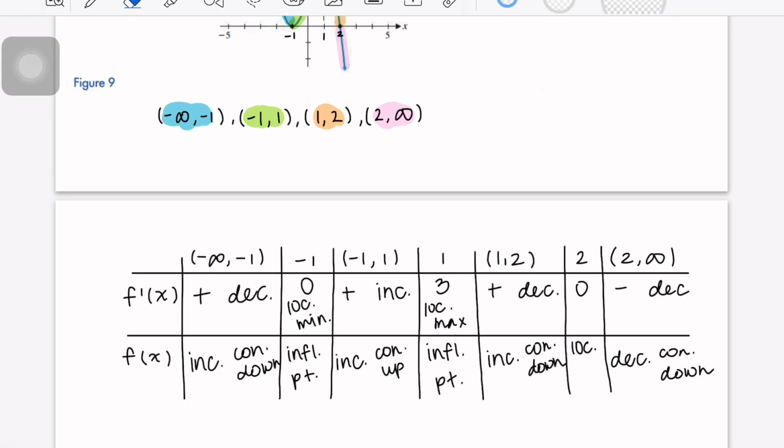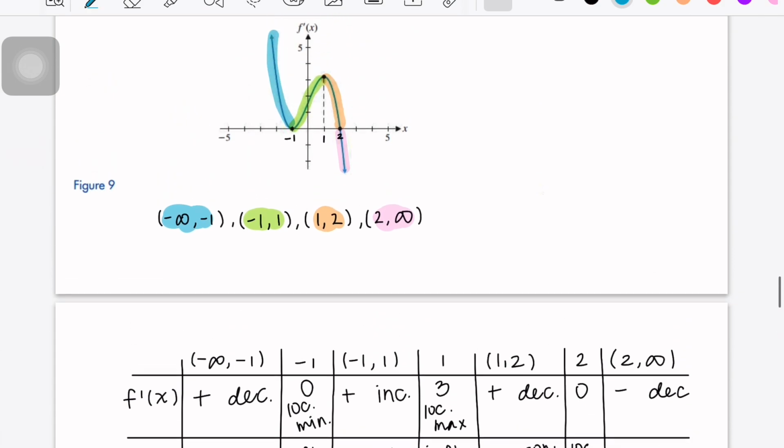Sorry, this should actually be a local maximum. Because remember, when our function goes from increasing to decreasing, we'll have a local max because our graph is behaving in this sense. So we're going from increasing and then now we're decreasing.